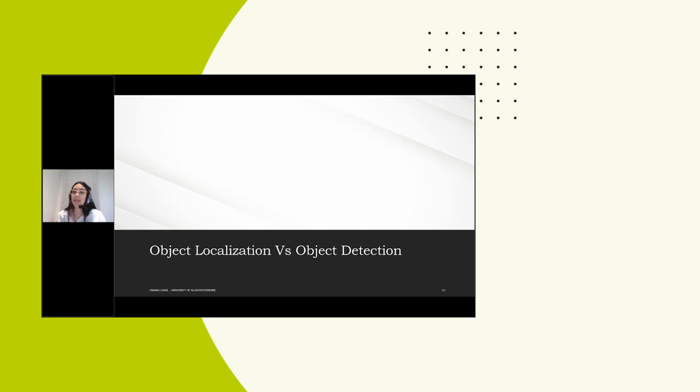So in the following section, I'm going to talk about object localization and object detection. The first question you will ask is, okay, what is the difference? Or why are you highlighting these two different items?